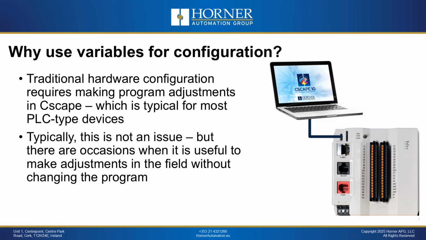Well, traditionally, you would use your application development software program and you would configure your I/O. As you develop your machine and after you deploy your machine, you would not make any configuration changes at all. And typically, that works just fine, but there are some scenarios where it is useful to make adjustments without bringing your programming software directly to where the machine operates. Let's talk about that now.